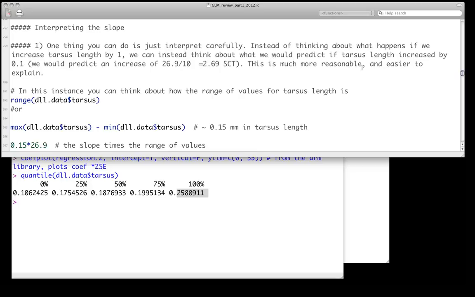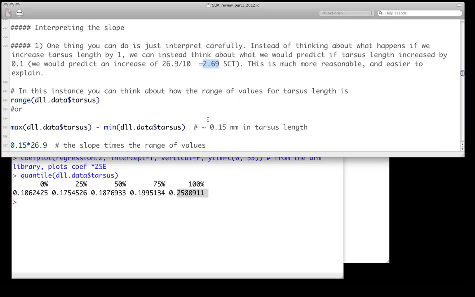So instead of predicting an increase of 26.9 sex-comb teeth per unit length of Tarsus, we're saying per 0.1 unit, which is biologically plausible, we expect an increase of 2.69 sex-comb teeth, which is much more reasonable and easier to explain.